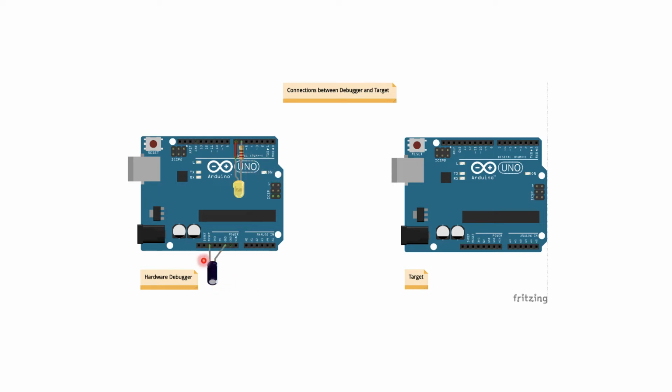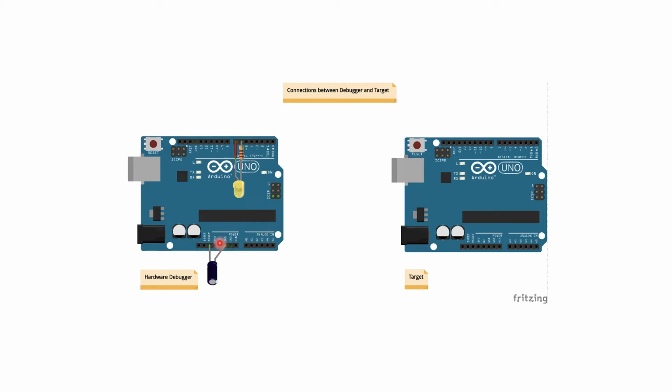Another very helpful thing is a capacitor, which goes between reset and GND. GND is of course the minus lead, and reset is the plus lead. If you have put such a capacitor here, then you don't get the auto reset, and that means that the debugger starts a bit faster.